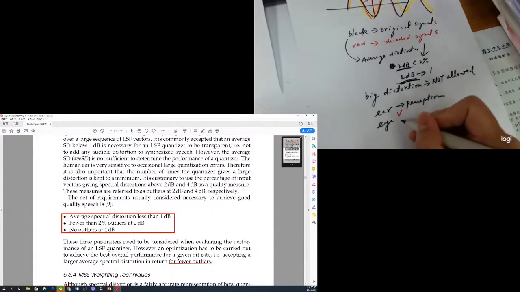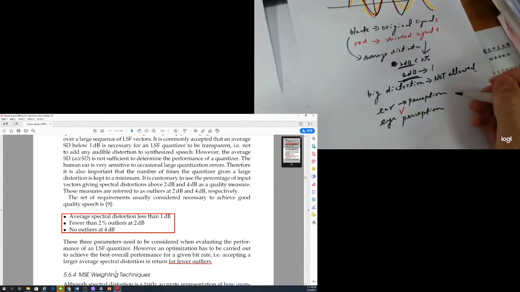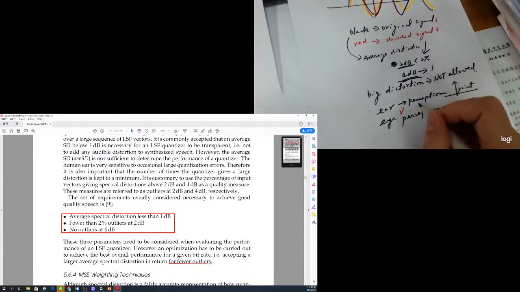You know why? Because with your ear, if one sound point has a big difference, you will catch that point.